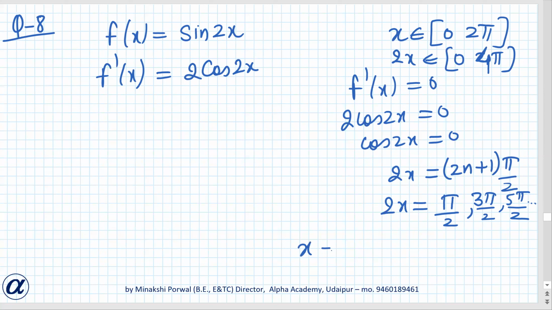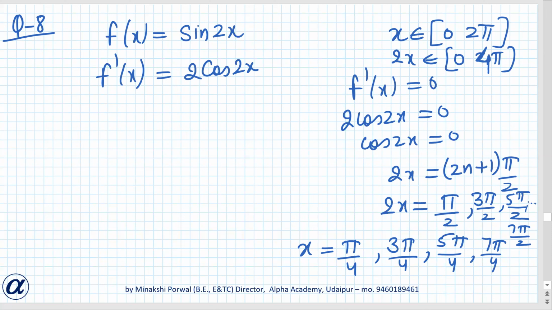Now x will be pi by 4, 3 pi by 4, 5 pi by 4, and 7 pi by 4. These will be the values of the critical points, and these are the end points.